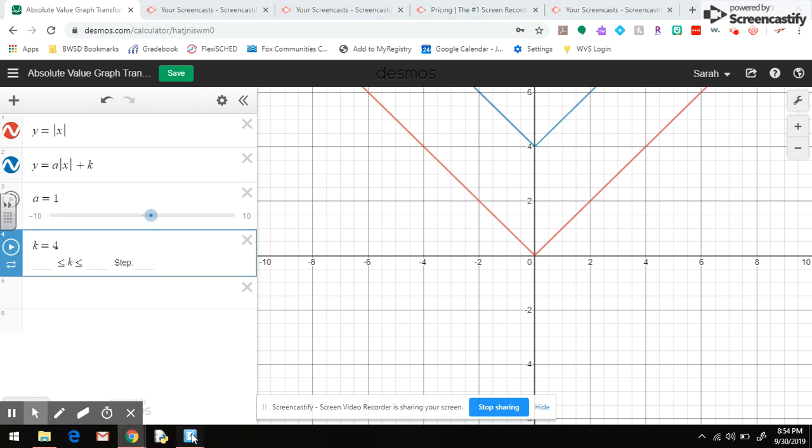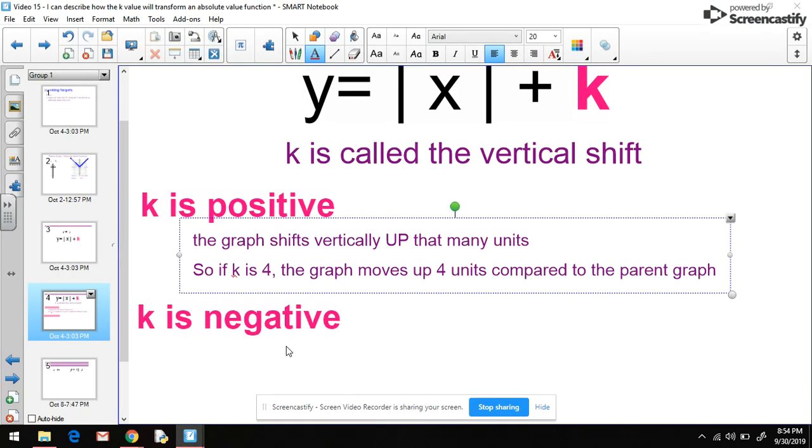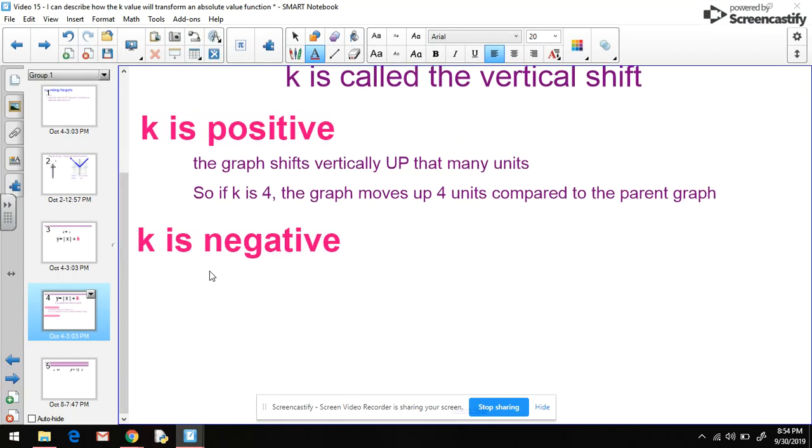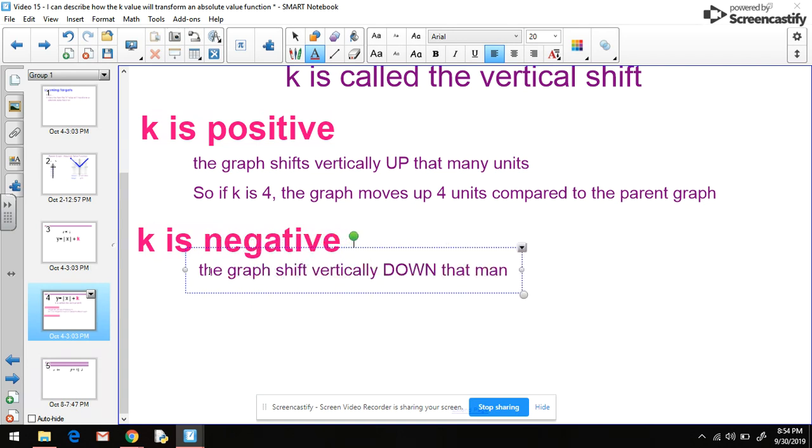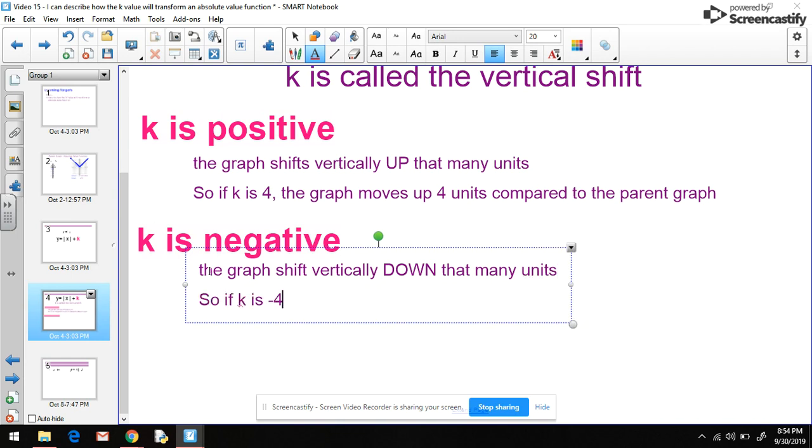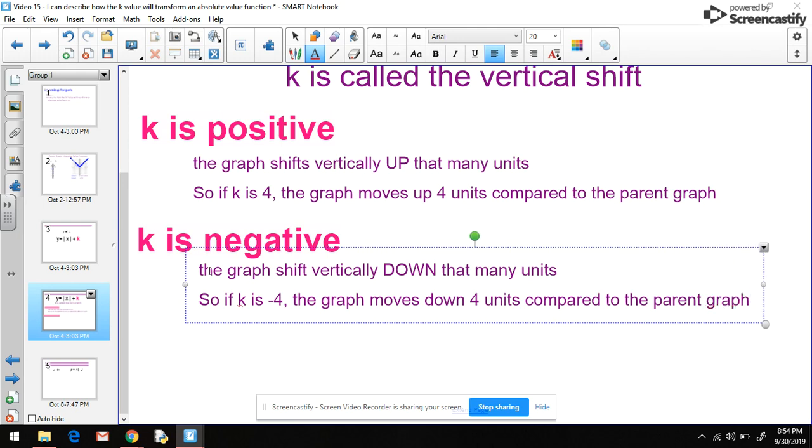Simple as that. Then if I summarize when k is negative, we note that the graph shifts vertically down that many units. So essentially, if k is -4, the graph moves down 4 units compared to the parent graph.